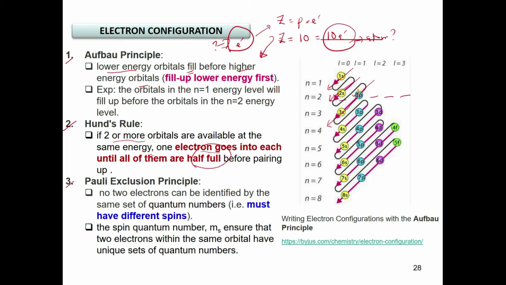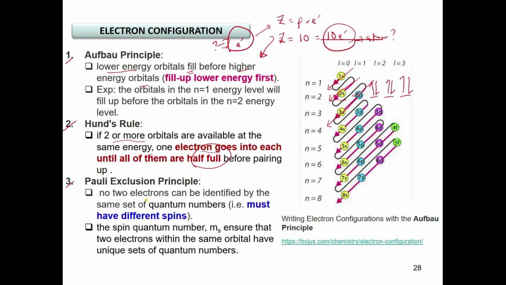But when filling up the 2p, which has 3 states of energy, the electrons will fill up with the same spin first, half full, and only then fill up the other half of the states of the 2p orbital. Only when these states are full, it is followed by the 3s orbital. That is how you configure the electrons inside an atom.